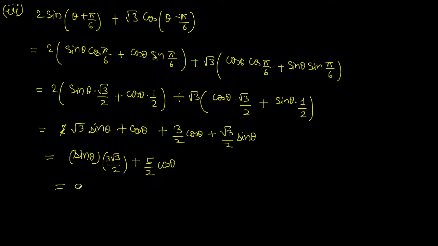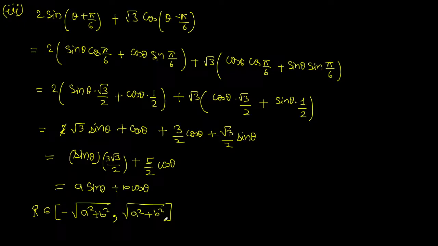Now we know that if we have a sin theta plus b cos theta, the range will be from minus root under a square plus b square to root under a square plus b square.